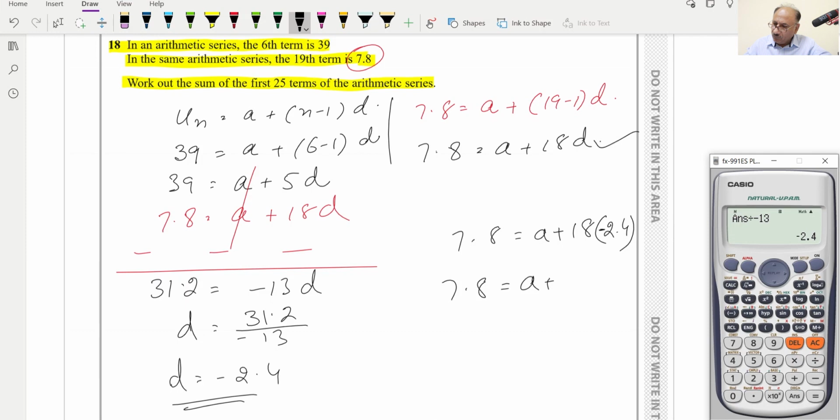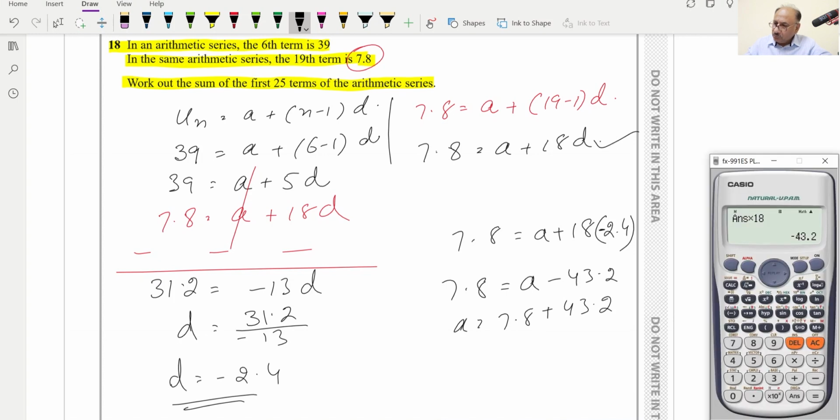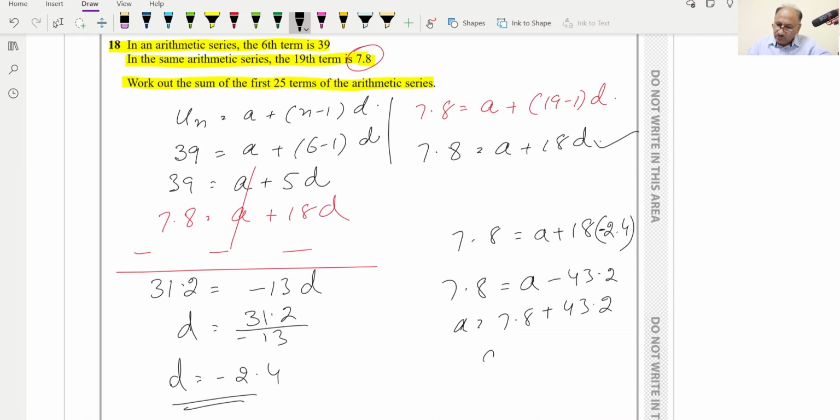Minus 2.4 multiplied by 18 is minus 43.2. So a will be equal to 7.8 plus 43.2, which is 51. So a is equal to 51. We got the a and d values.